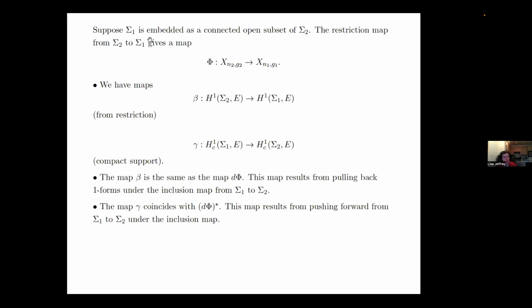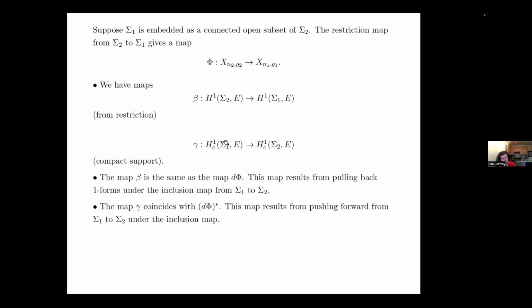Suppose sigma 1 is embedded in sigma 2. Then the restriction map from sigma 2 to sigma 1 gives a map, which I'll call phi, from one character variety to the other. And we then have maps, which I'll call beta. This goes from the first cohomology of sigma 2 to the first cohomology of sigma 1. This just comes from restriction from sigma 2 to sigma 1.